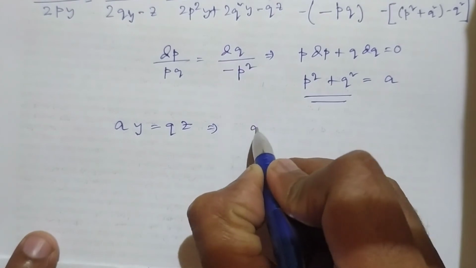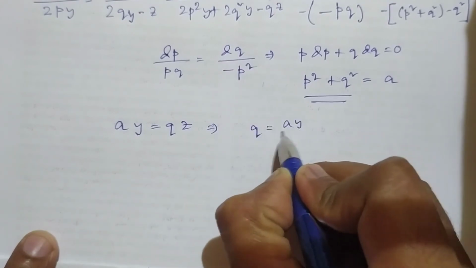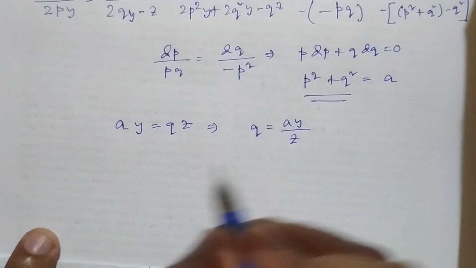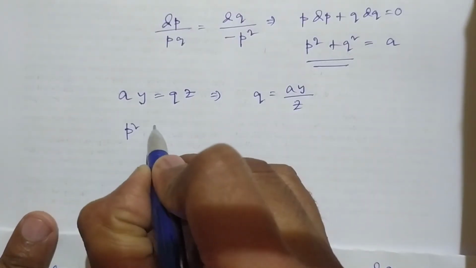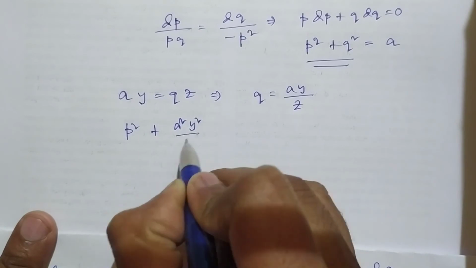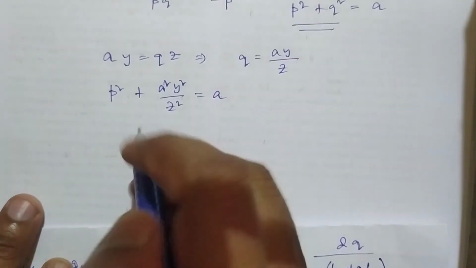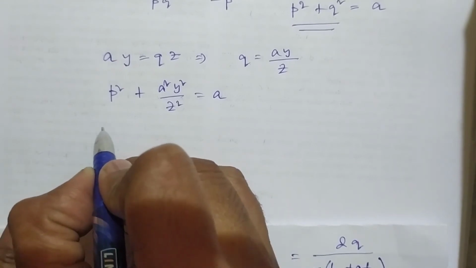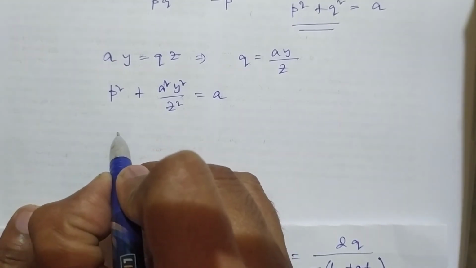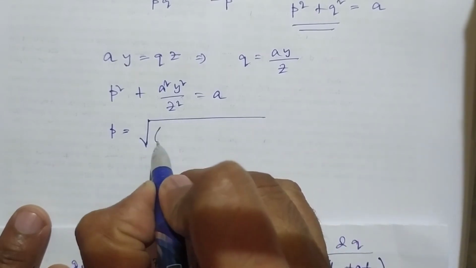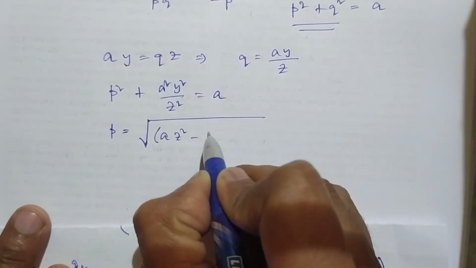So we can write that q is equal to ay over z. Now if q is equal to ay over z, then p² + a²y²/z² = a, and from there we can write p, neglecting the negative value, as p = √(az² − a²y²)/z.